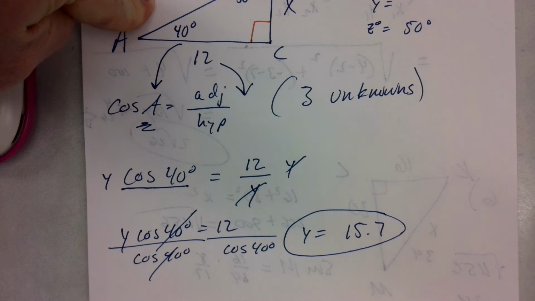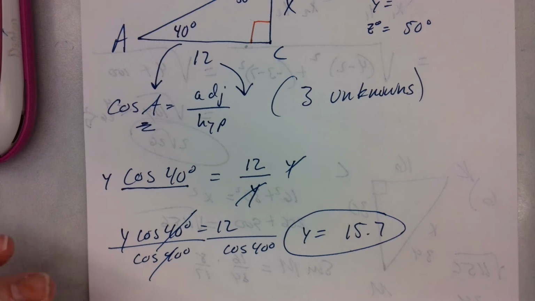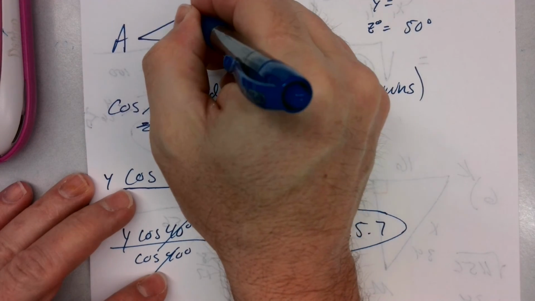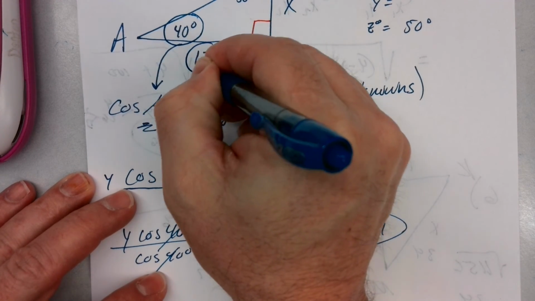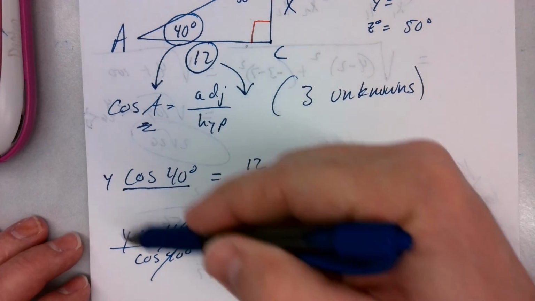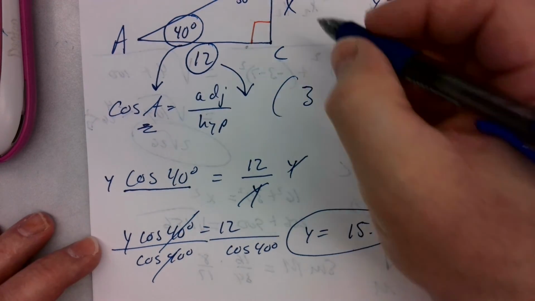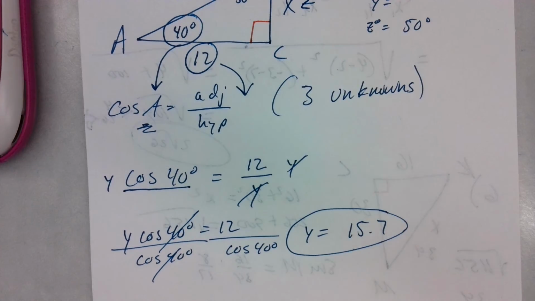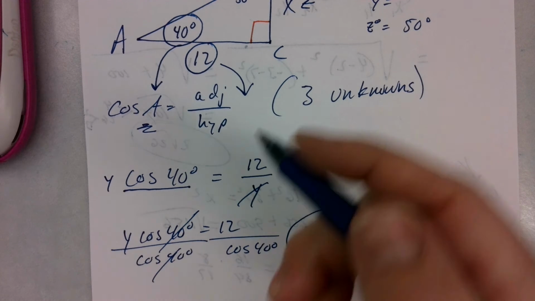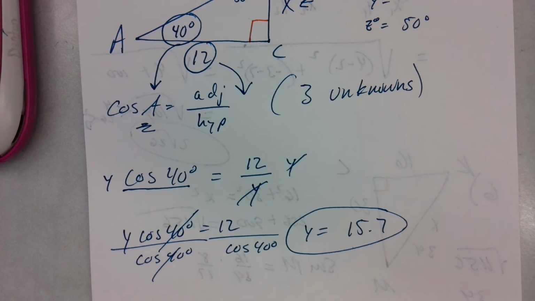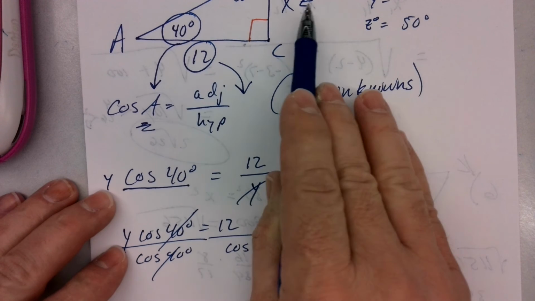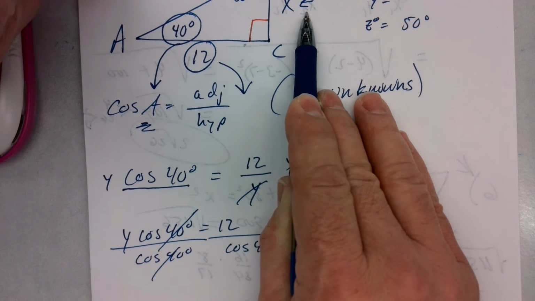Okay? So what I'm going to do is say, sticking with what I was given, which was this and this, is there another one of these I can set up to find x? 12 and x and 90. You'll never use the right angle. Sine? Now if I use sine, sine is going to go x over that, isn't it?